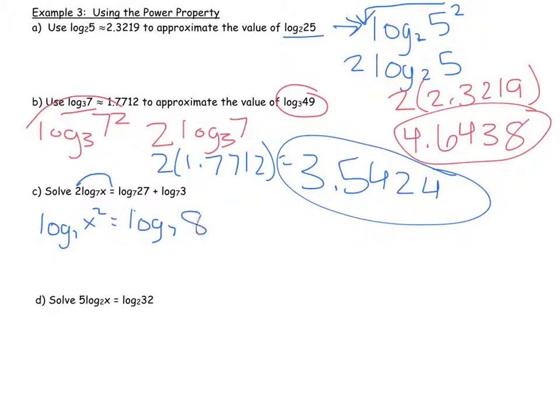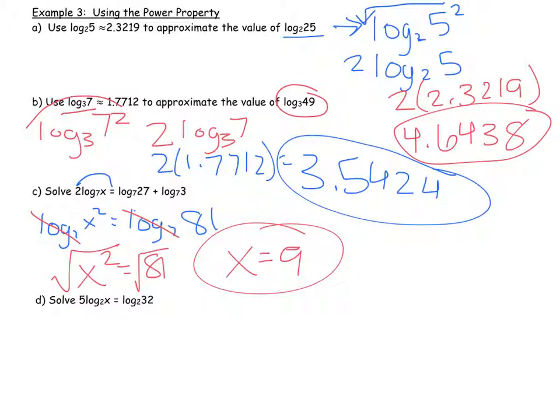And 27 times 3 is going to give us 81. So we use a couple of different properties here. Now that my logs are the exact same, I can go ahead and get rid of those. So now I have x squared equals 81. So I'm going to take the square root of both sides, and I'm going to end up with x equals 9.